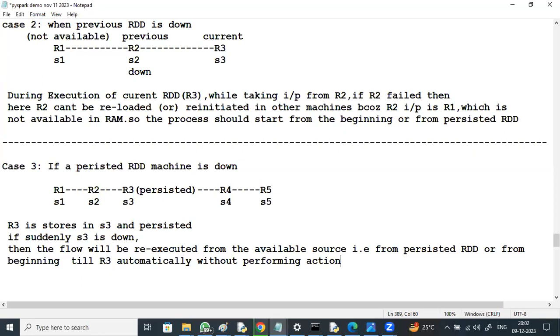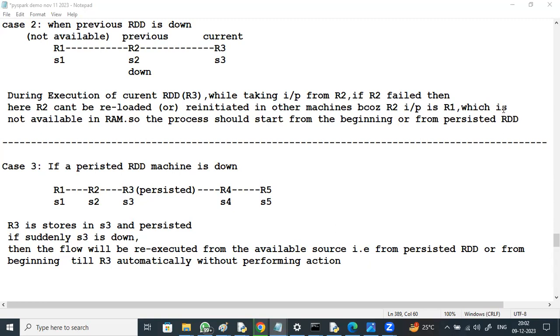So whenever a particular persisted machine is down, it will be re-persisted. Yes. For example, there is one flow, R1, R2, R3, R4, R5, and R3 is persisted. And there is another flow where we have multiple persisted RDDs, and based on our demand, we are reusing them.